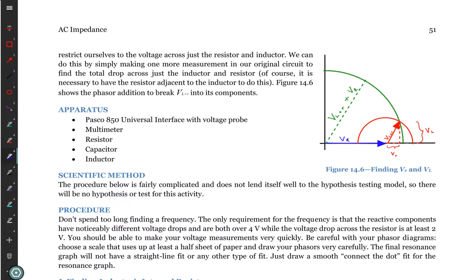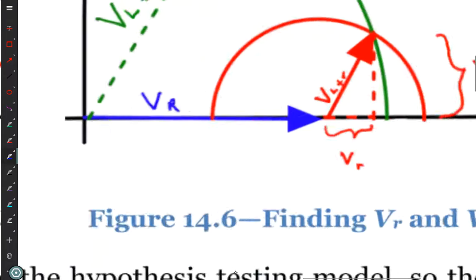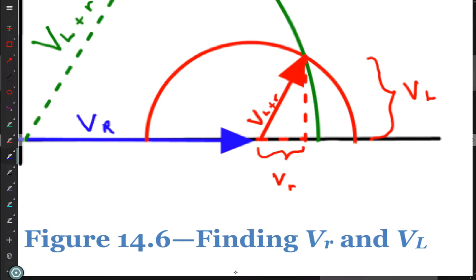Now notice the green arc is the total voltage across the two elements. The red arc is the voltage across the two elements as well. So where the green arc and the red arc meet, that must be where they actually meet. And so then I can break it down into the two components, the resistive part of the inductor and the inductive part of the inductor.